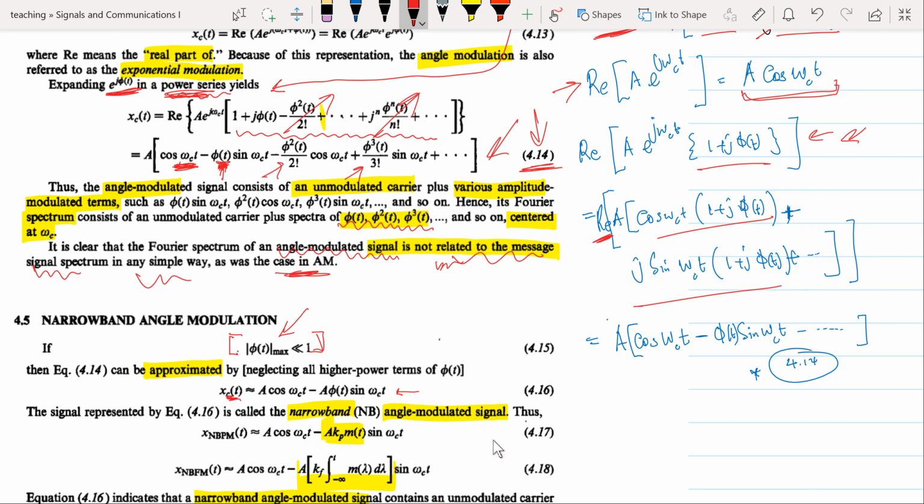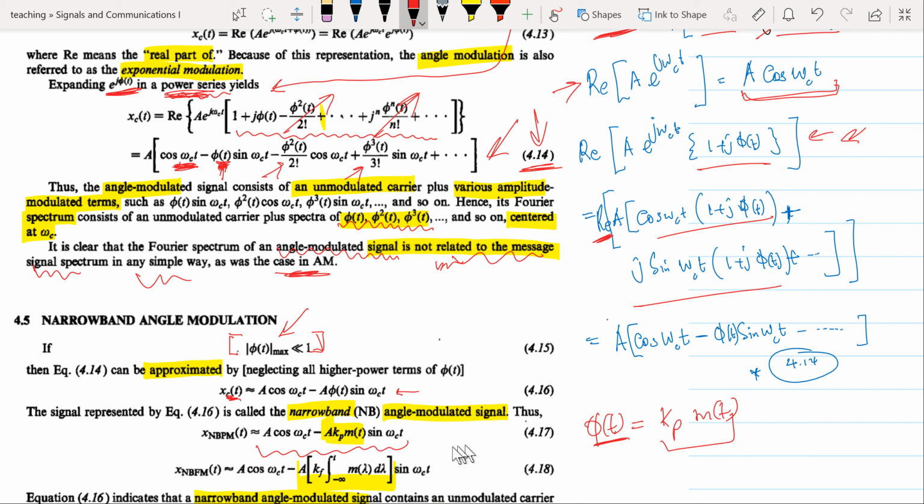And it is represented by equation 4.17, whereby, if you recall, phi of t for a phase modulated signal is equal to k_p m of t. Therefore, when you replace phi of t with this value, we end up with this equation right here.